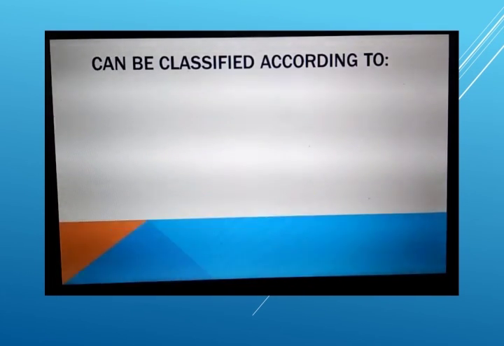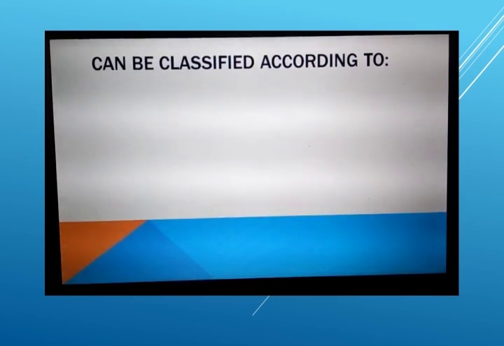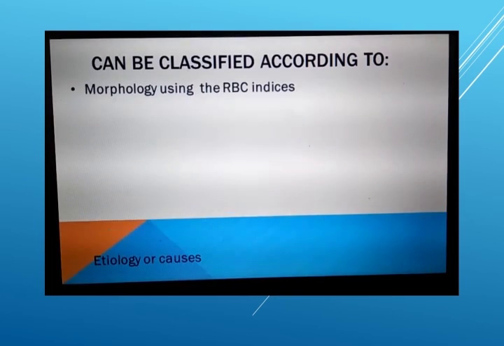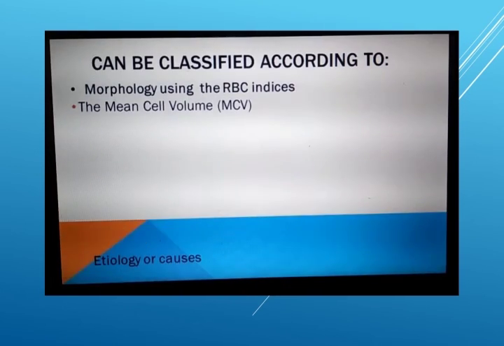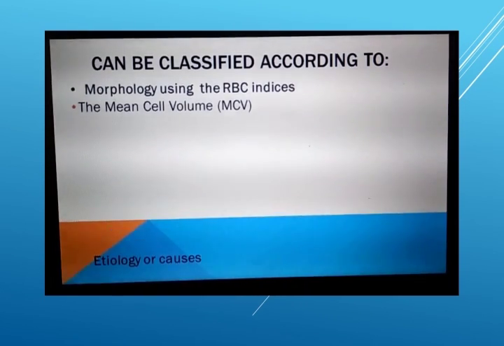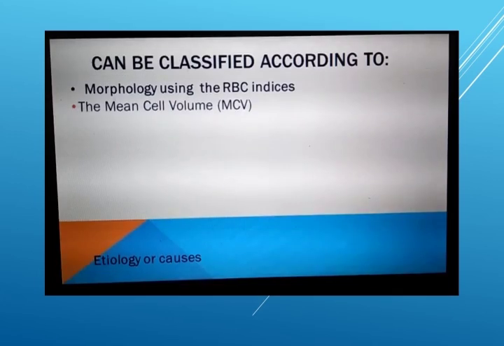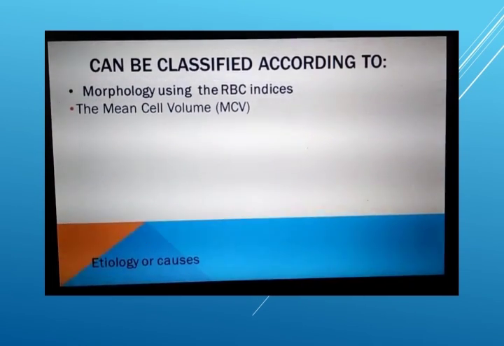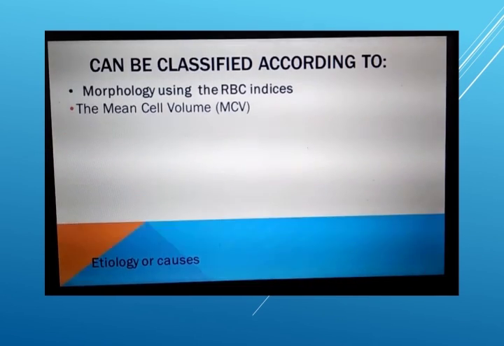Now, we can classify anemia according to morphology using the RBC indices and etiology or causes. Under morphology using the RBC indices, we have three. First, the mean cell volume or the MCV, which measures the average volume of an individual's RBC.